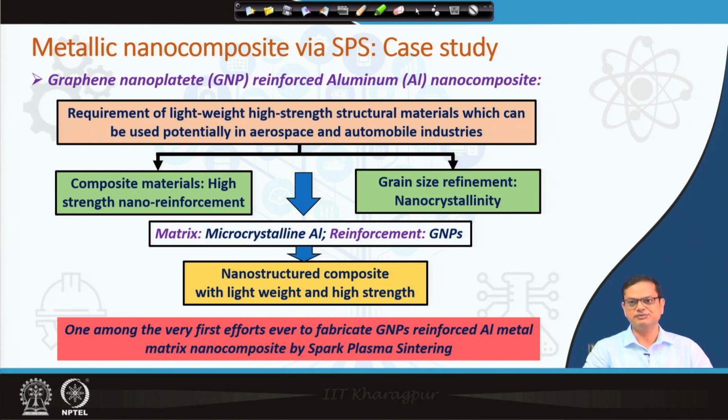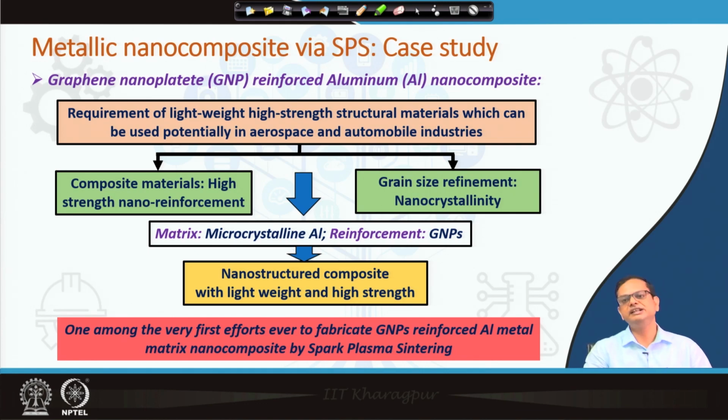I have mentioned it a few times, that when the mean free path between the reinforcement particles decreases, the load transfer mechanism becomes more efficient. And if the particle size is in the nanometer range, it could also interact with dislocations and lead to dispersion strengthening as well.